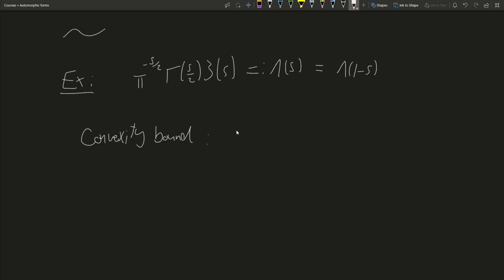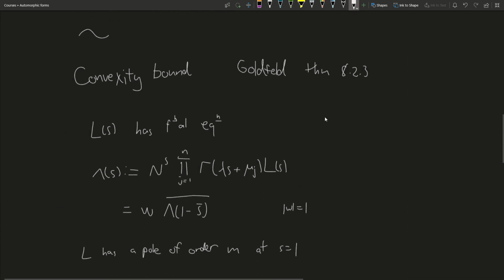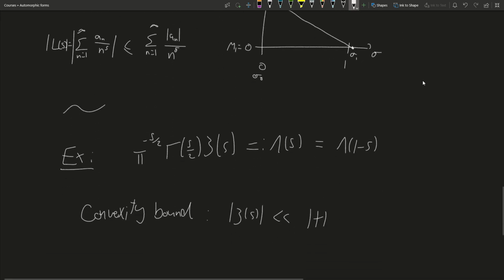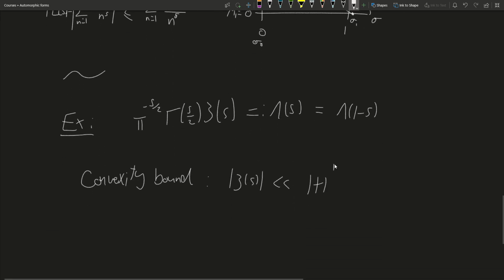So the convexity bound is that the absolute value of zeta of s in the critical strip is less than t to the lambda times 1 minus sigma plus epsilon, so it's going to be 1 minus sigma over 2, because lambda is 1/2 here, and then the plus epsilon. This is what the convexity bound gives you for the zeta function.